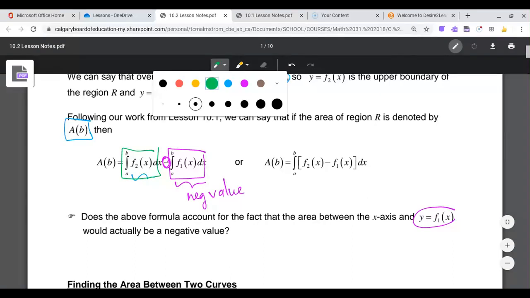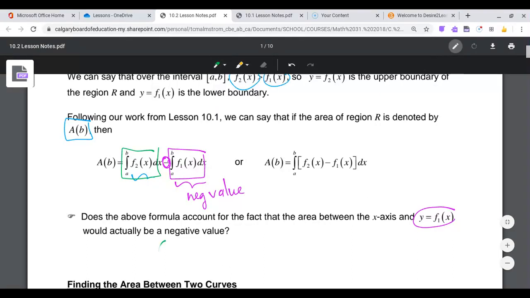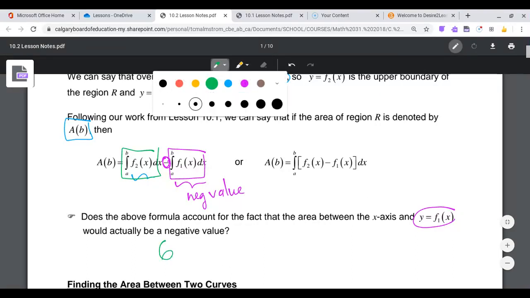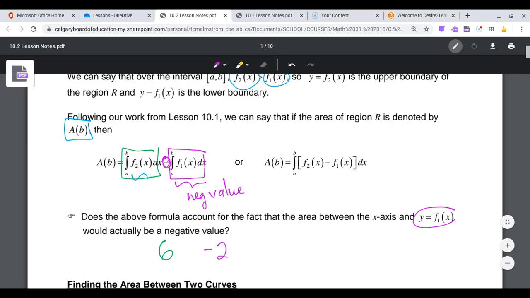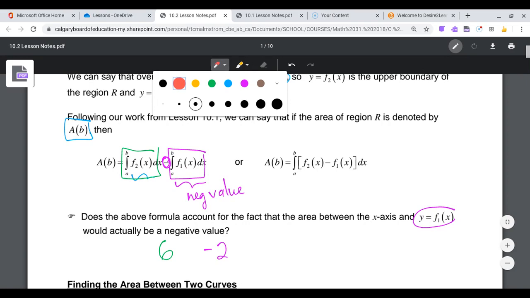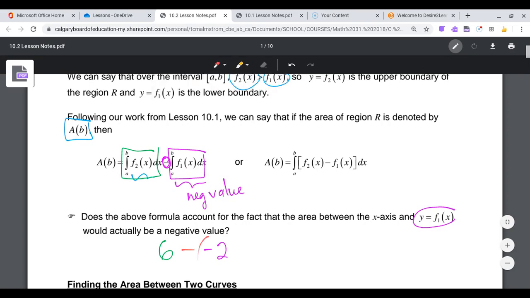Let's say that the area of the green region is 6 and the area of the purple region is, I don't know, -2. Who knows what they are? Then if I am subtracting a negative value, I end up with a positive value and I get my area. This is the same as what we were doing at the end of that 10.1 lesson, where we were saying, oh, but the area underneath is a negative.